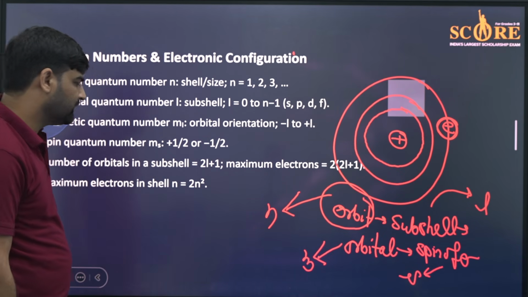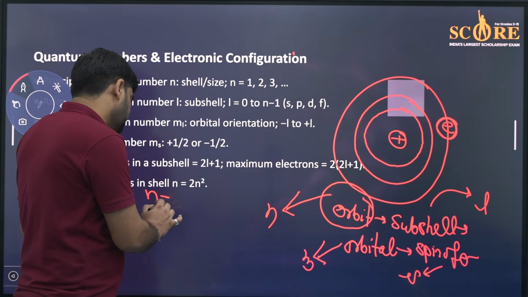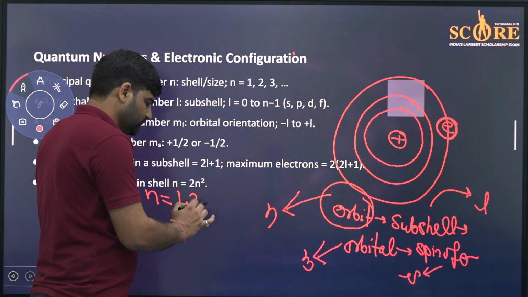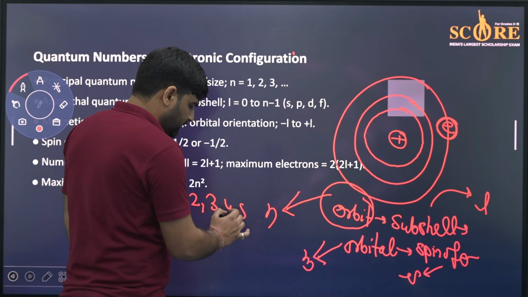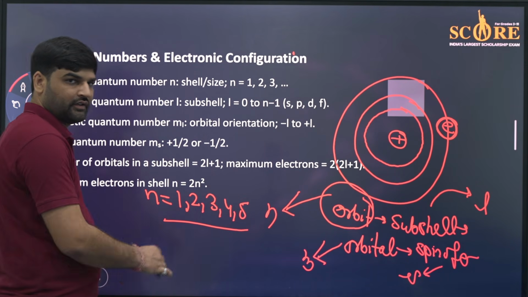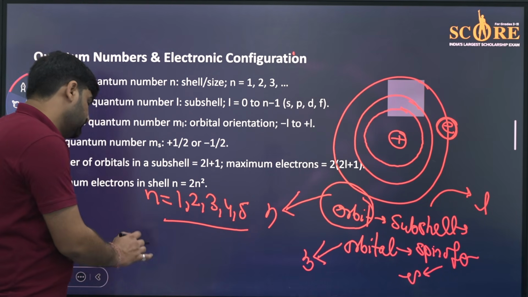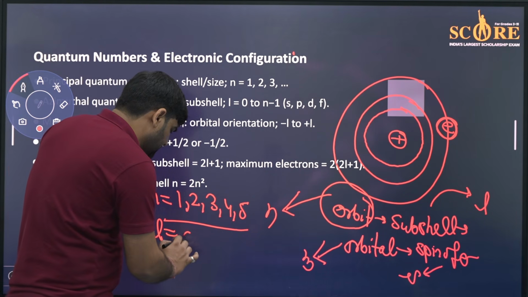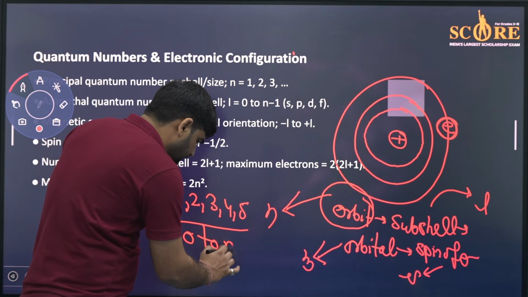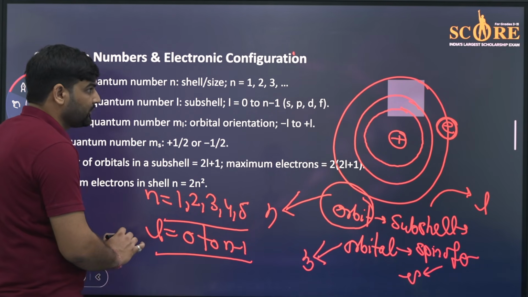So the principal quantum number has values like 1, 2, 3, 4, 5, and so on. The azimuthal quantum number has values 0 to n minus 1.